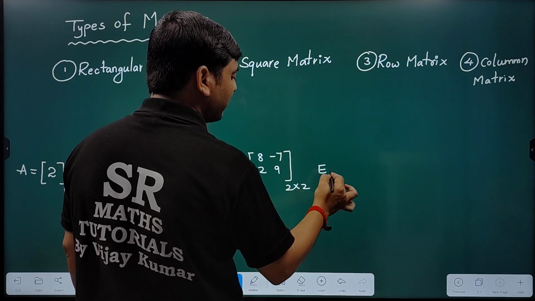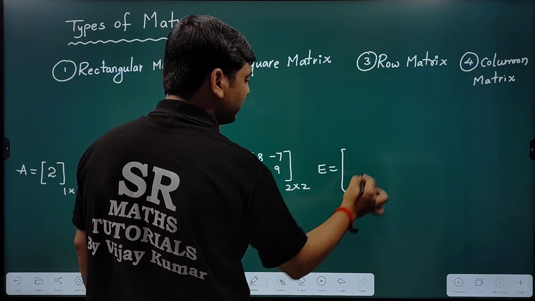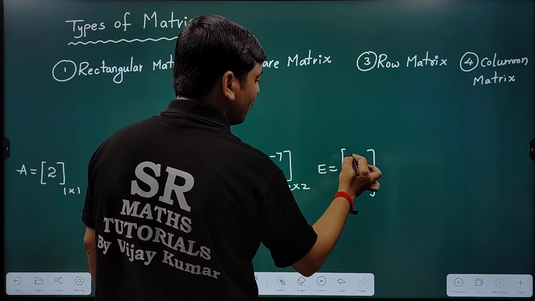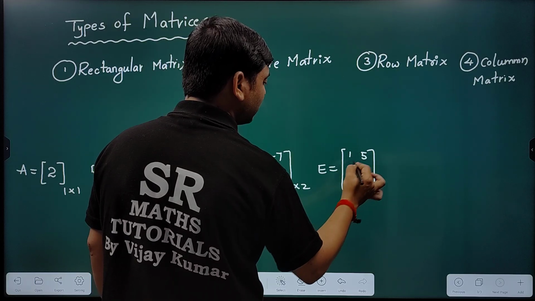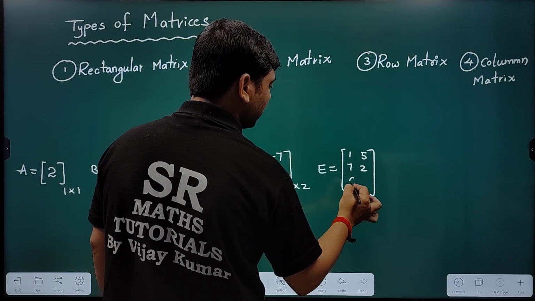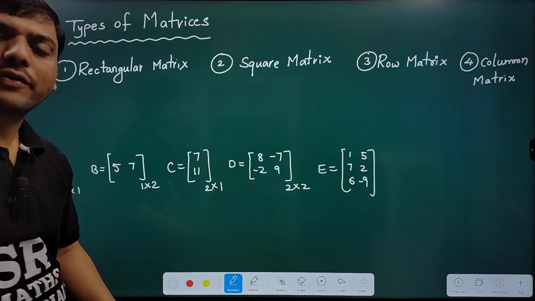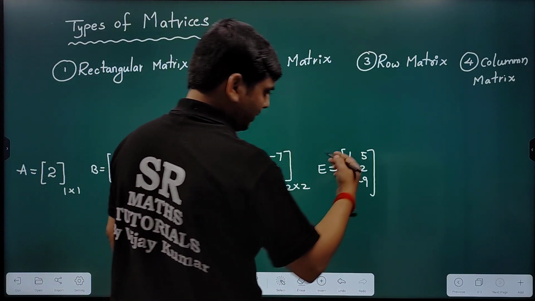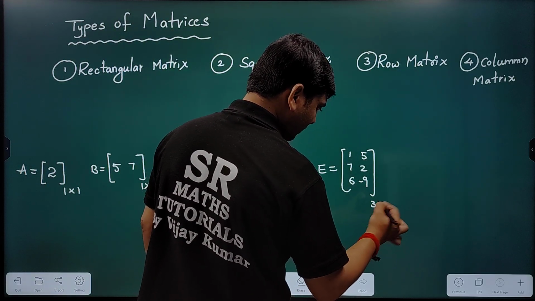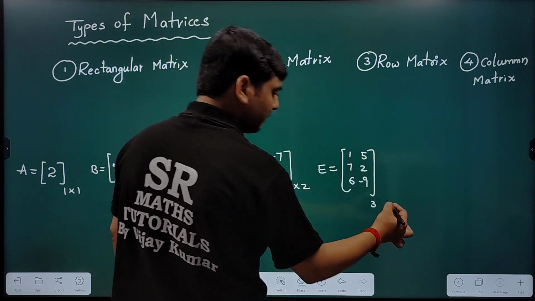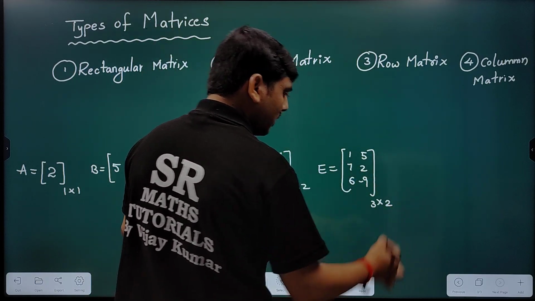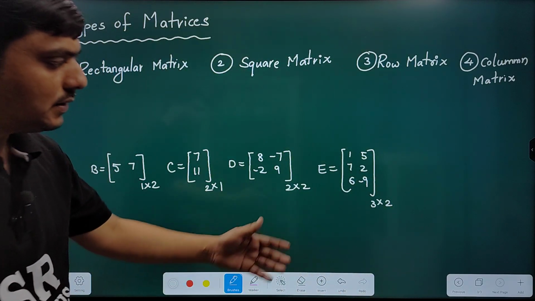Capital E matrix can be represented here as 1, 5, 7, 2, 6, minus 9. The order of capital E matrix is 3 rows, 2 columns, so 3 by 2.